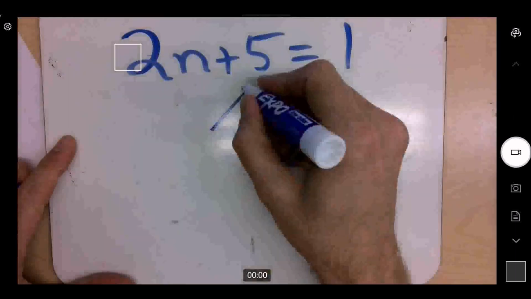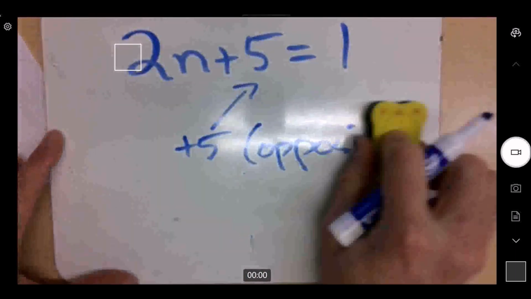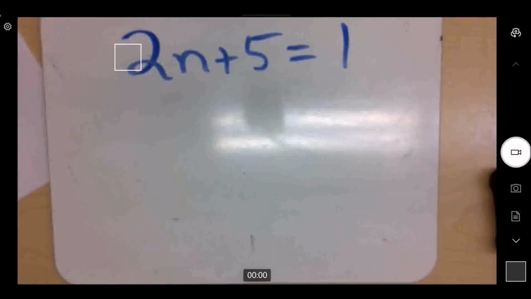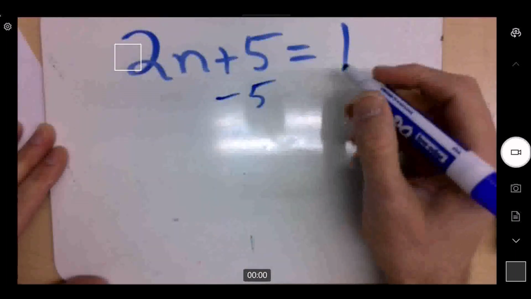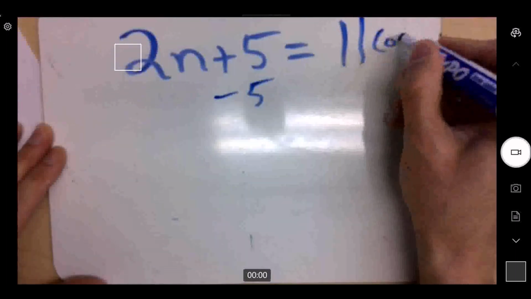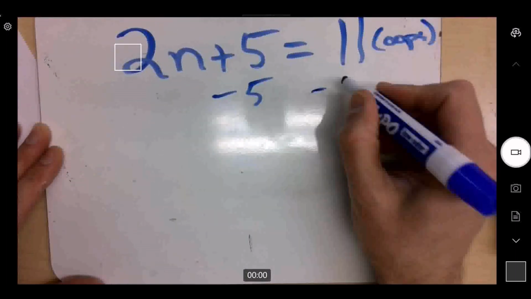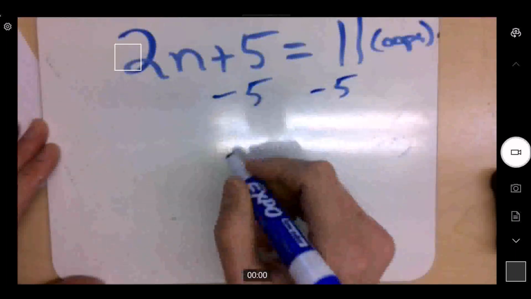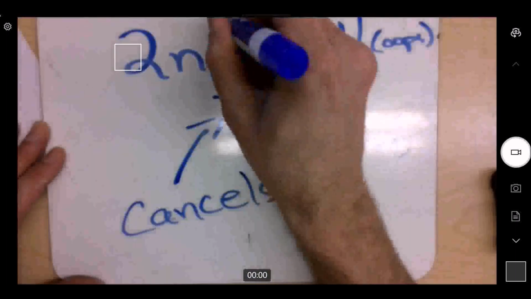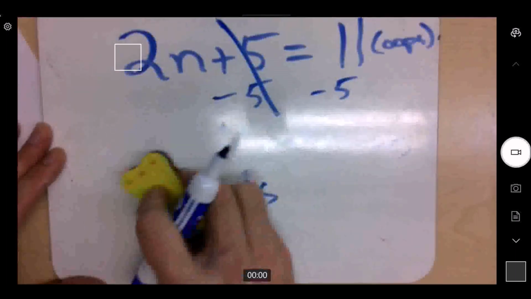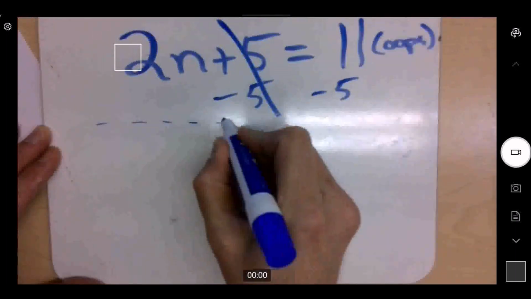And of course, we know the opposite of +5 should be -5, and yet I wrote positive there. But I'm sure I'm going to figure it out in a moment. So we're going to go minus 5, and make sure we have that 11 we were supposed to have. Oops. And then we're going to cancel those out, because +5 -5, well, that's the same darn thing. So let's get rid of that.